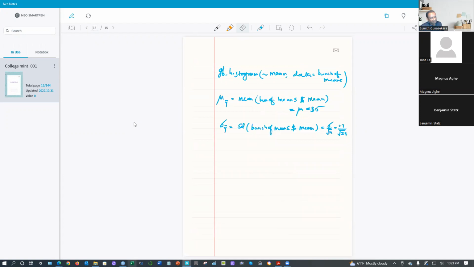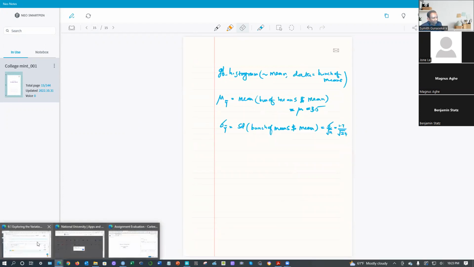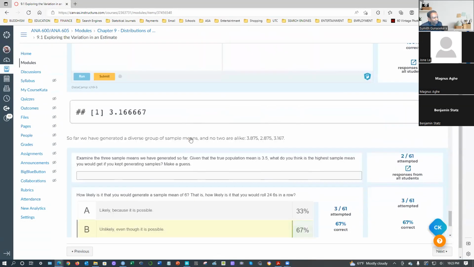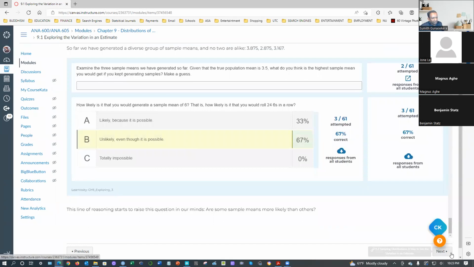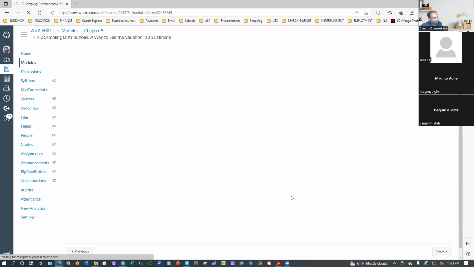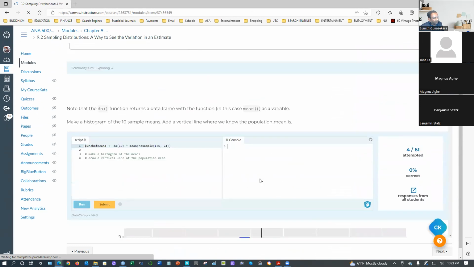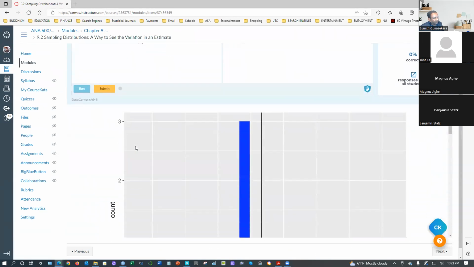But rather than that one, we go back to that one and then calculate again. Okay, I'm going to go to the bunch of means, that place. Bunch of means should be at the one. Yeah, do this one for 24.